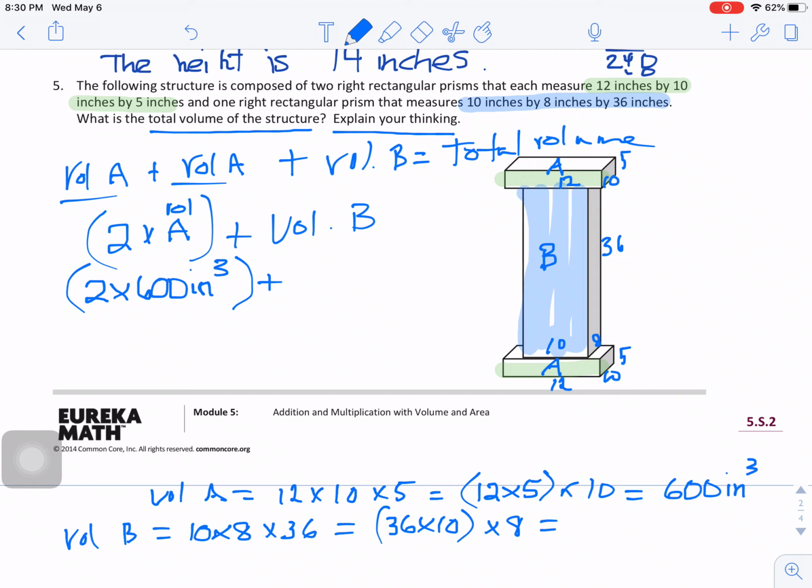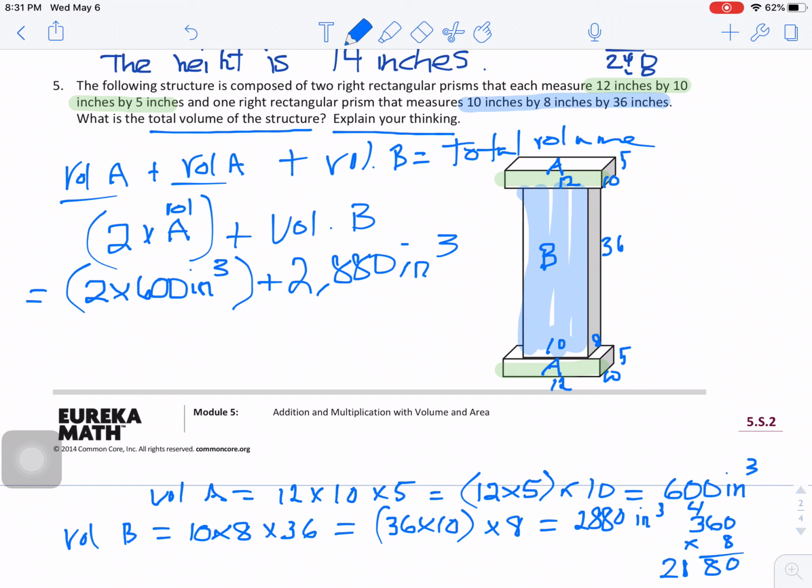And I'm going to write that in. 360 times 8 is 2,880 inches cubed. I'm going to put that in my formula for volume of B is 2,880 inches cubed.